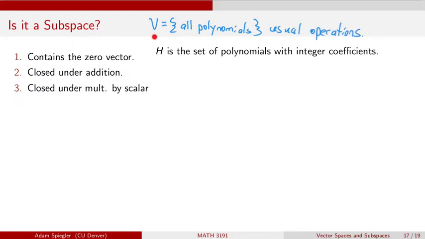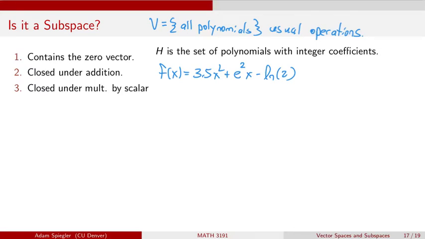If I let V denote the set of all polynomials of any degree, with the usual operations of how we add functions and multiply a function by a scalar, then let's consider a subset of V that we denote H, which is the set of polynomials where the coefficients are all integers. So for example, I could have a function f of x which looks like 3.5 x squared plus e squared x minus the natural log of 2, right?